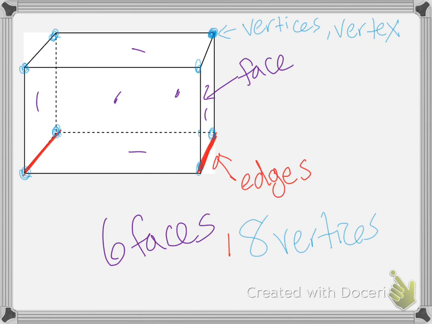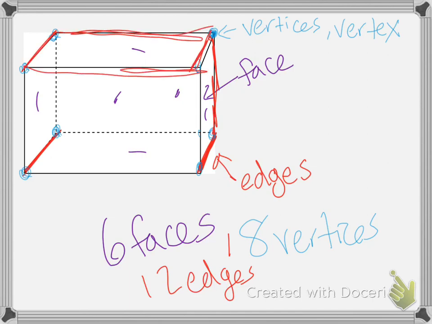And then finally, it has 12 edges, or 12 lines. So 1, 2, 3, 4, 5, 6, 7, 8, 9, 10, 11, 12.